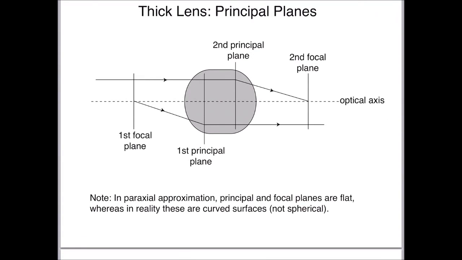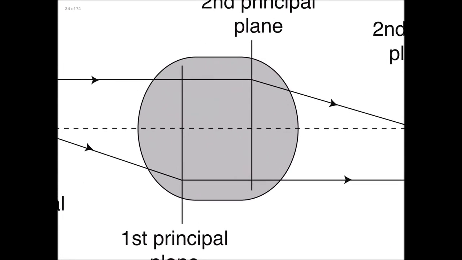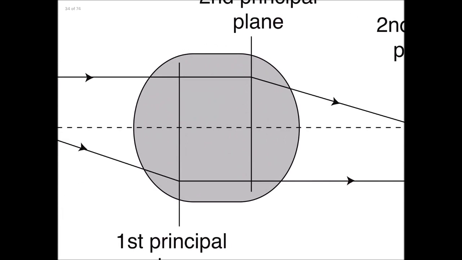Okay, so what happens when we have, instead of a thin lens, a thick lens? In the case of a thick lens, there's a finite distance inside the lens that the ray has to travel, which we neglected in the case of a thin lens.